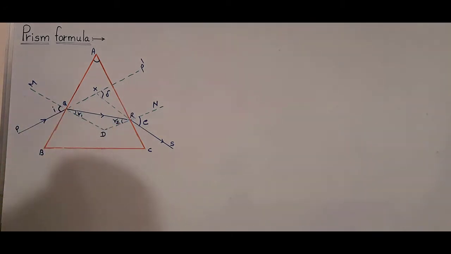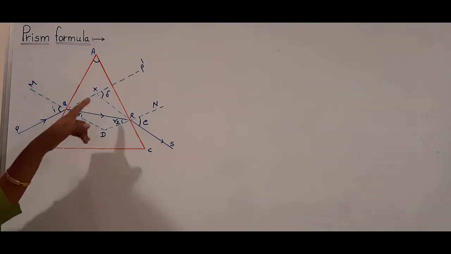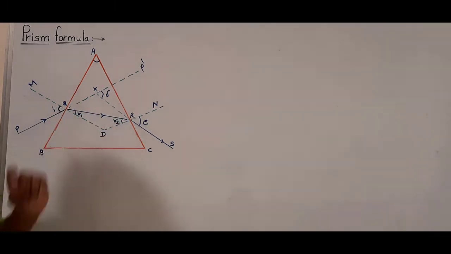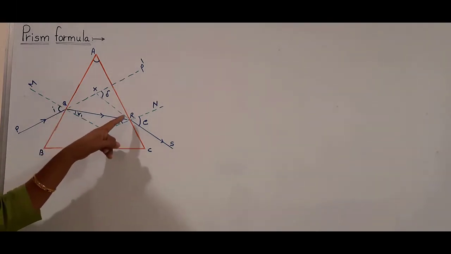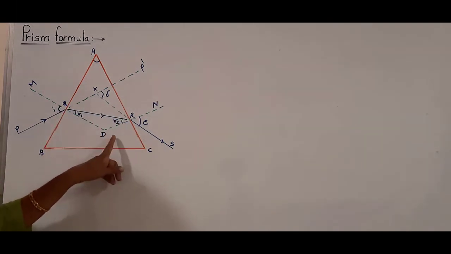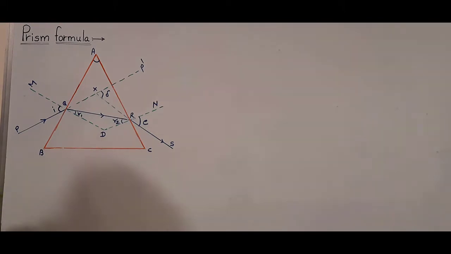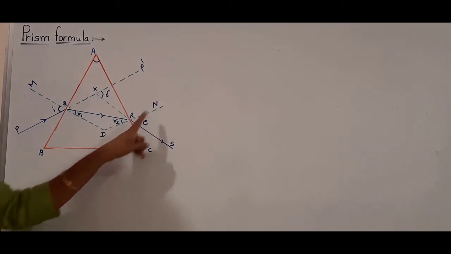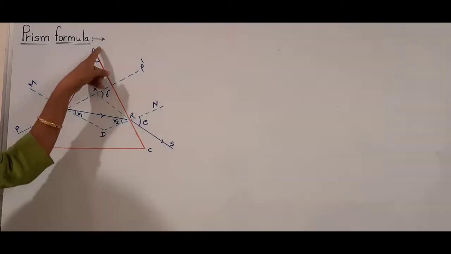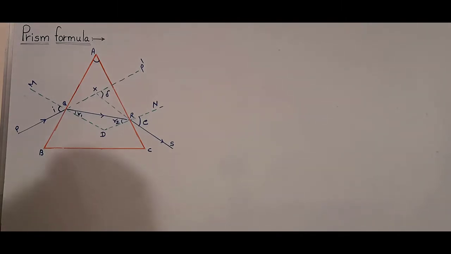QR is a refracted ray. It gets again refracted at the point R, and when it moves from denser medium to rarer medium, it moves away from the normal, because here ND is the normal to the face AC.